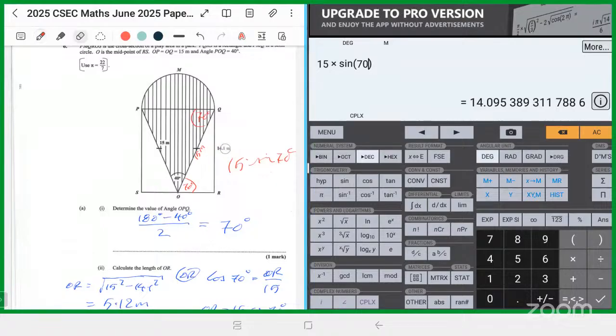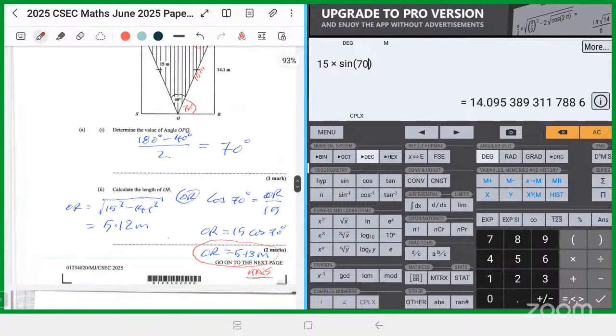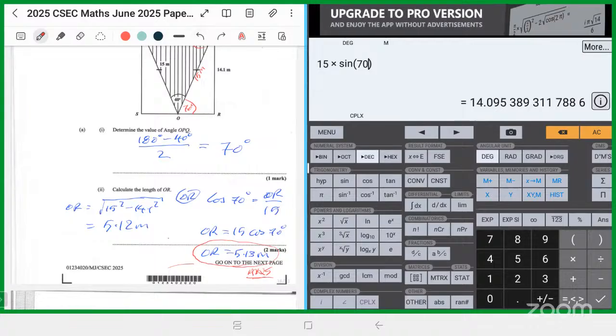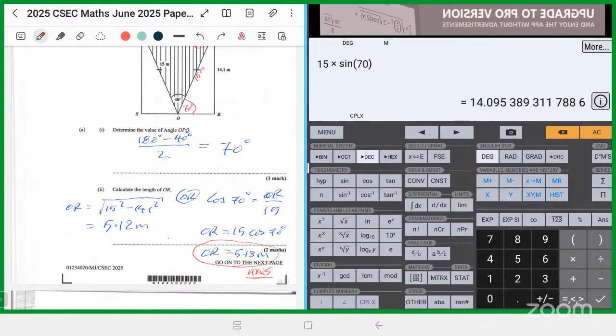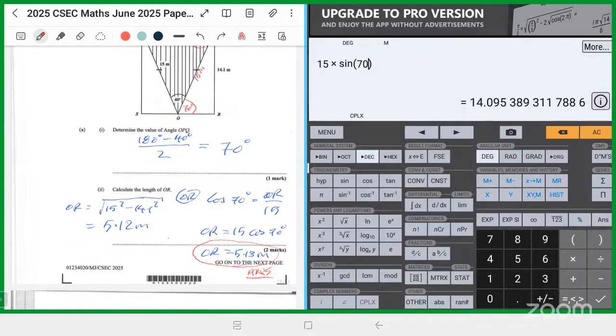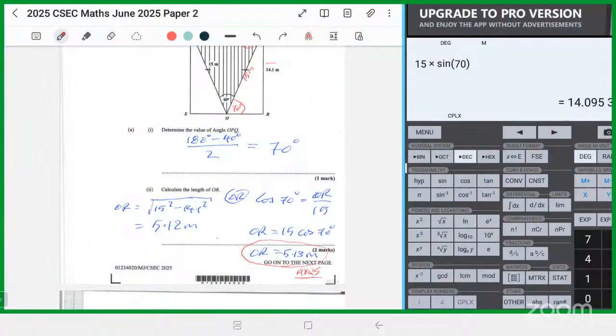So I guess any answer you got is still correct. But I'm going to work with that 15. It doesn't really matter, because you might have to use this anyway.